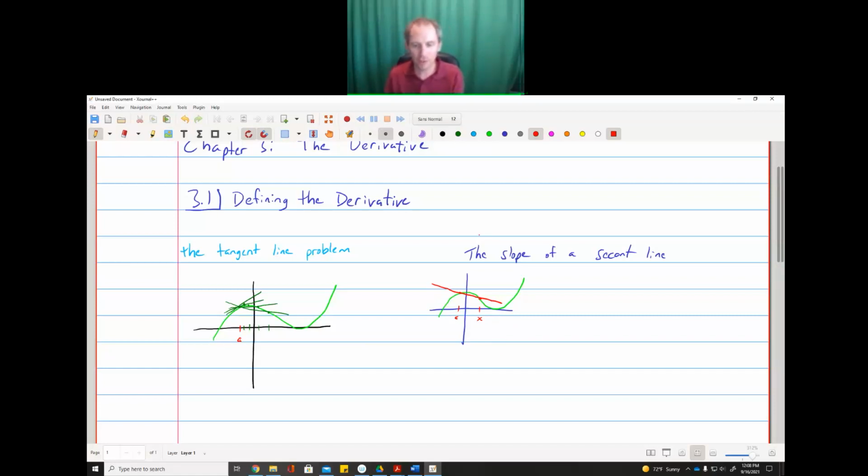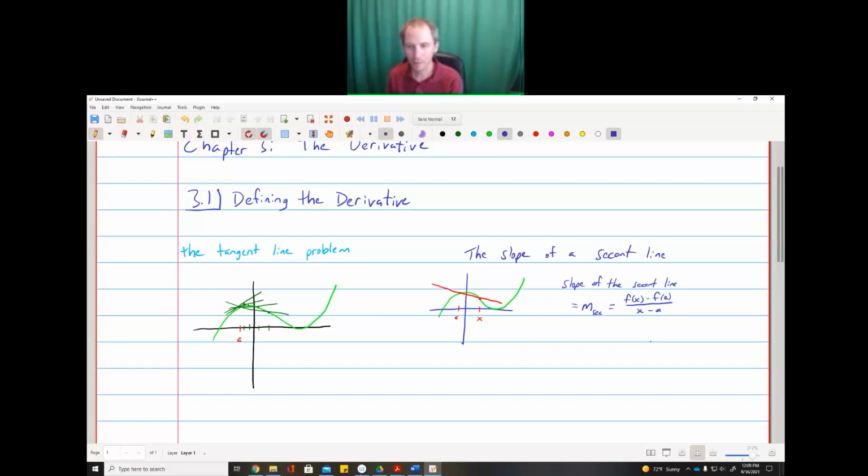And I know that slope is just change in Y over change in X. So the slope of the secant line, and we can write M for slope, and I'll just write a subscript SEC for the secant line, is f of X minus f of A over X minus A.